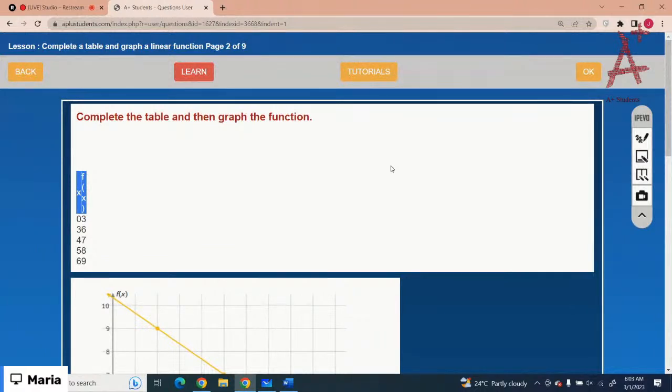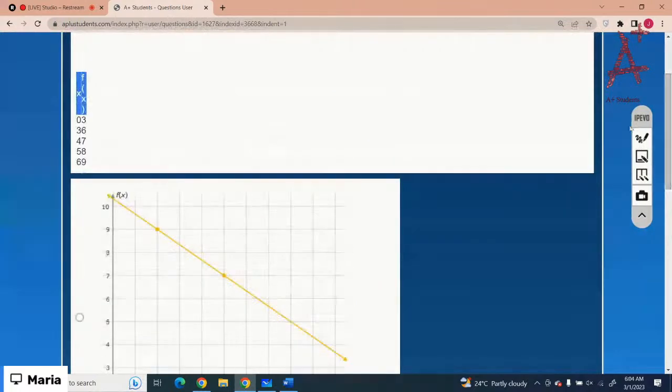Okay, the next one is complete the table and then graph the function. So you are already given the completed table here. Here you are not given the equation either. Got it? Just use these points and see which is the correct option.